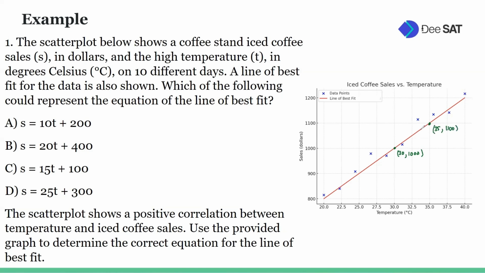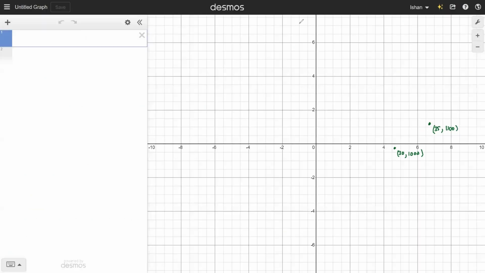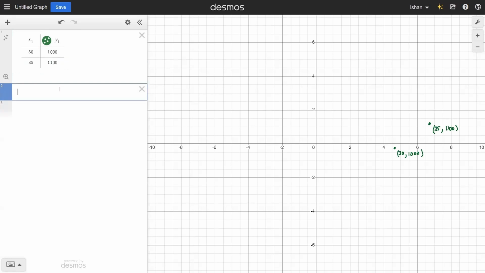With the help of regression, we can directly find the line of best fit. Let's work on that. Now, how do we apply the regression over here? We'll put the table as we've been doing for the last couple of sessions. So it's 30 and 1000. Another one is 35 and 1100. Now you'll see what is happening.